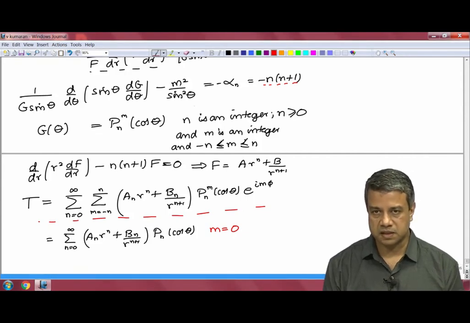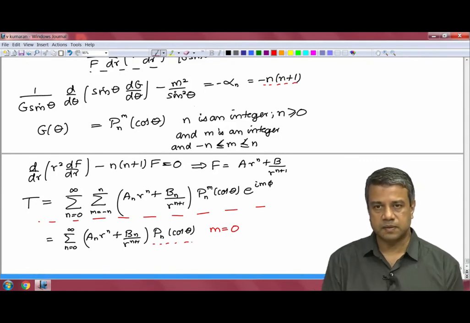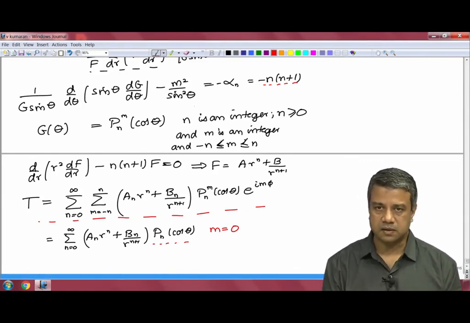These are extensions of the Legendre polynomials I had calculated earlier for the axisymmetric case, and these also can be calculated by recurrence relations, which I will not go into in detail at present. These are also orthogonal functions. Okay.